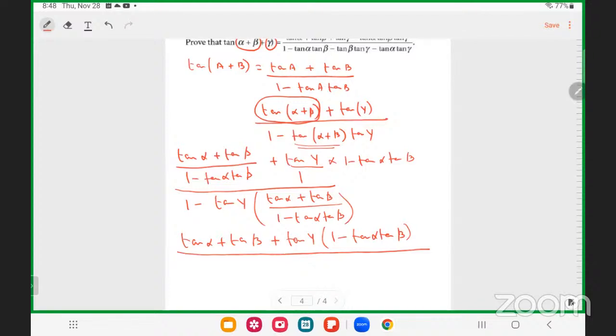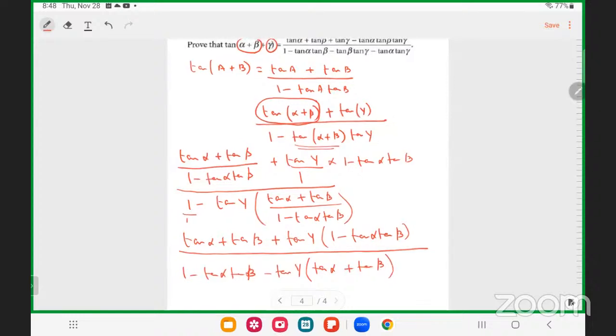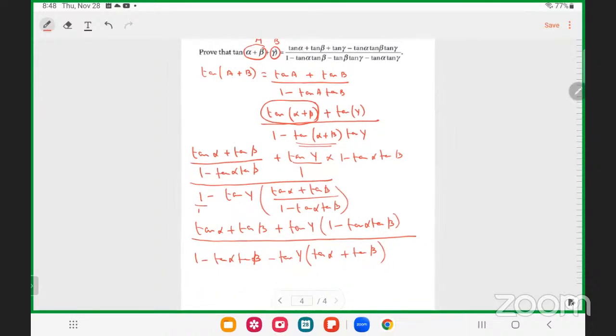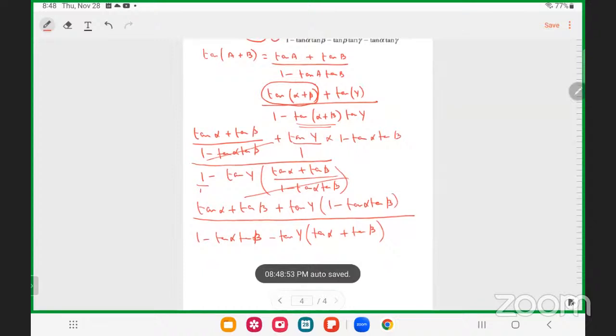over, if I find the LCM here, it will be 1 minus tan alpha tan beta minus tan y times tan alpha plus tan beta. Since both the denominators will be same, I will cancel the denominators.